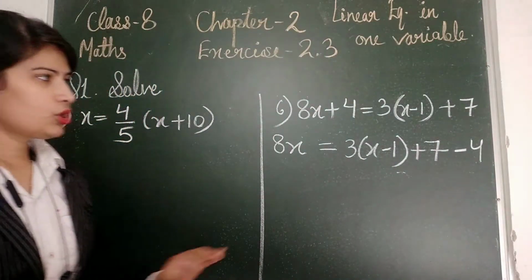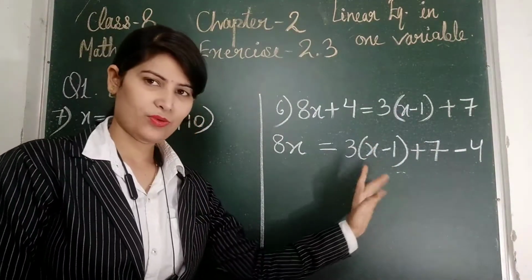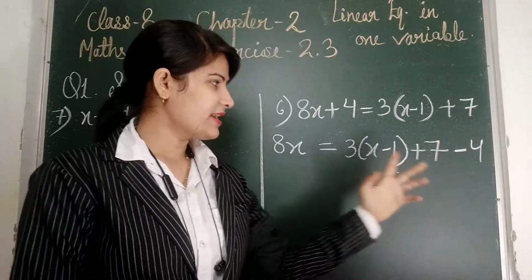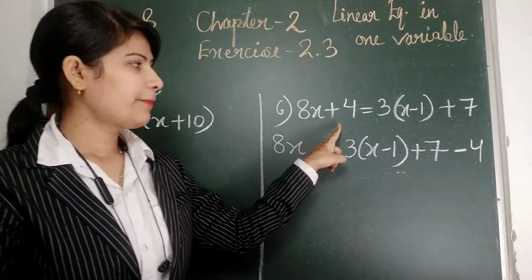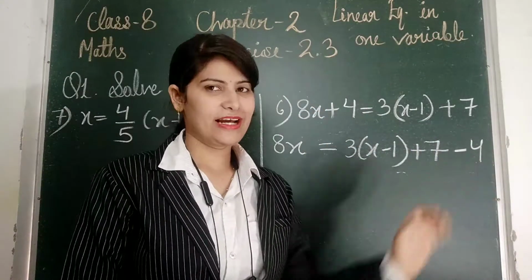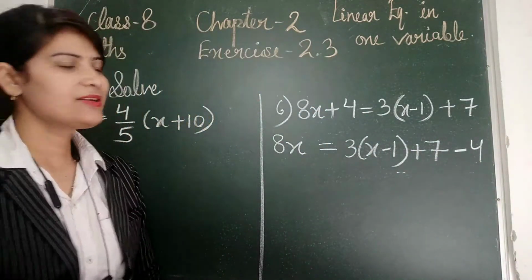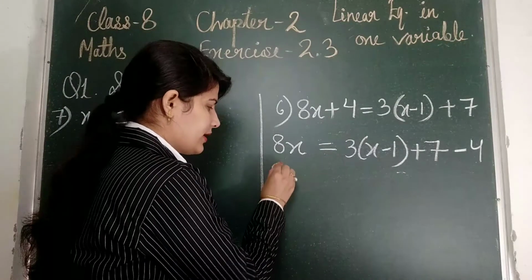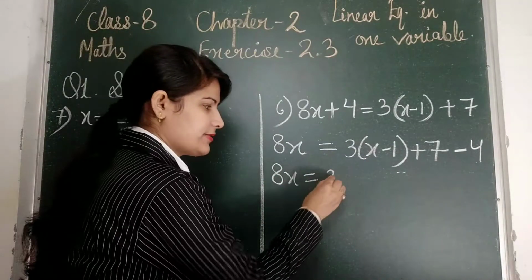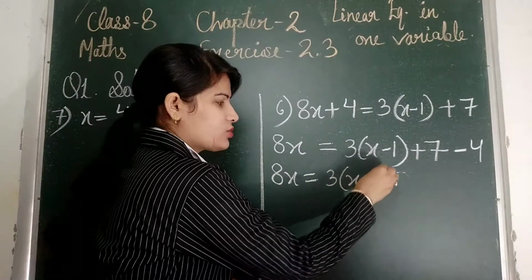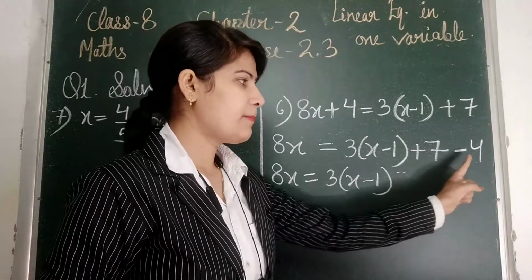So 3x, x minus 1 as it is, plus 7 as it is, 8x as it is, equal sign as it is. What changes? Plus 4 will transfer to that side, it will become minus 4. Now 8x equal to, as it is, 3x minus 1 plus 7 minus 4.